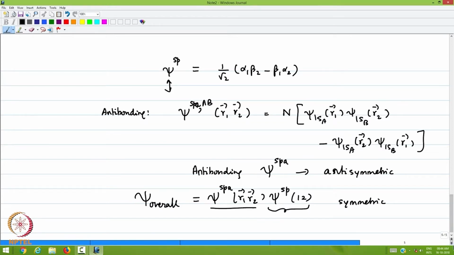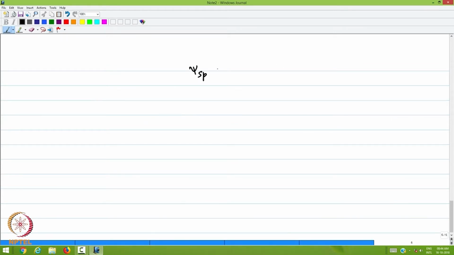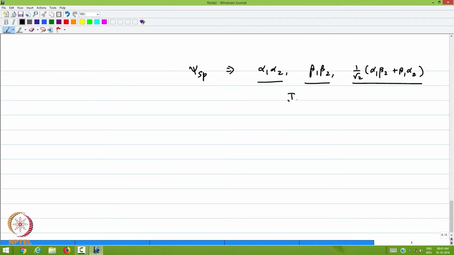Therefore, there are 3 possibilities for psi SP, namely alpha 1 alpha 2, beta 1 beta 2, and 1 by root 2 (alpha 1 beta 2 plus beta 1 alpha 2). All 3 of these have an angular momentum I equal to 1, and the projection quantum number m equal to 1, minus 1 and 0, in this order. Therefore, psi SP for an anti-bonding case should be like this.